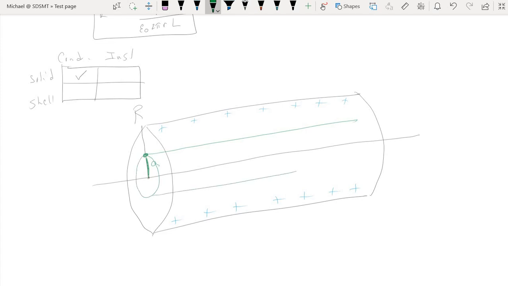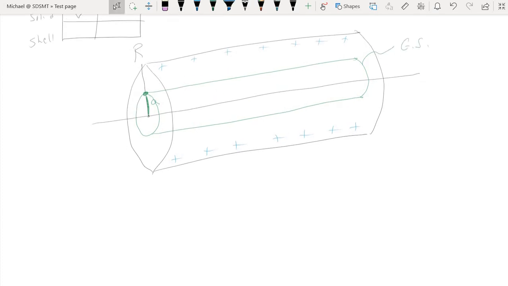But if we do that, all we do is we produce another cylinder. This is now our Gaussian surface. This is the container that we want to use to help us in evaluating Gauss's law.